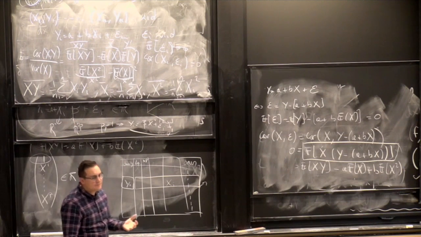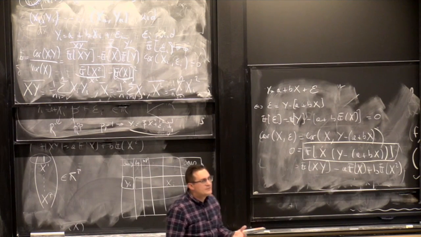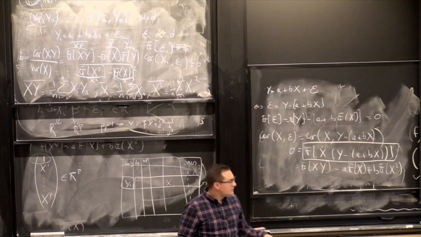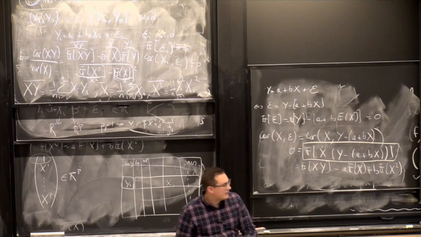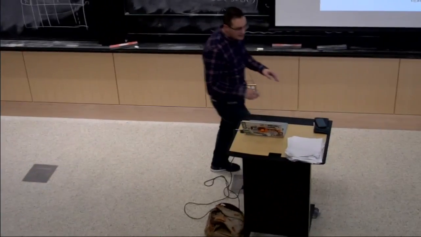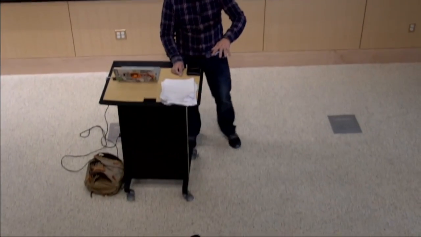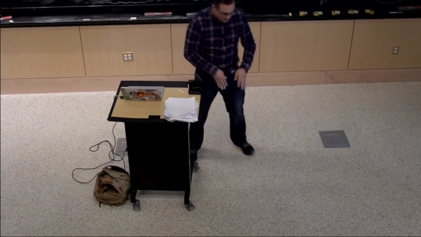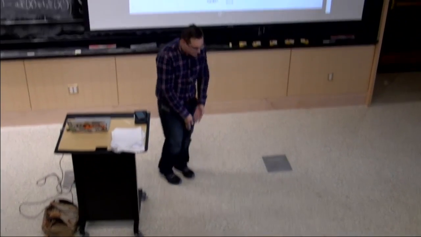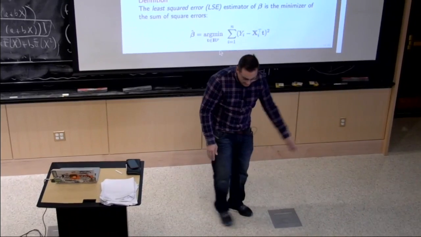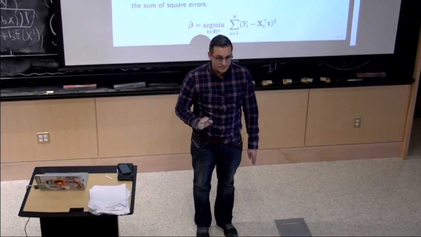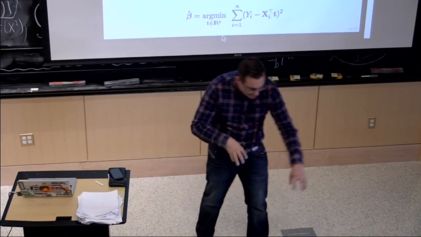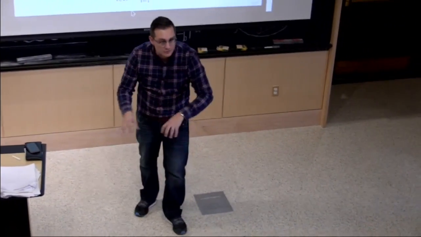In 2 dimensions, if x lives in 2 dimensions, the way you want to think about this is you take a sheet of paper like that, right? So I have points that live in 3 dimensions. Let's say one direction here is x1, this direction is x2, and this direction is y. I'm going to have my points that live in this 3-dimensional space.